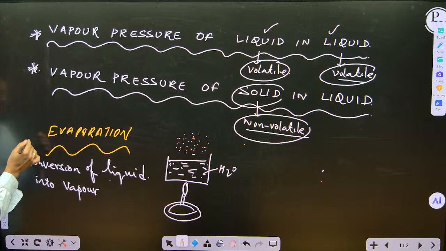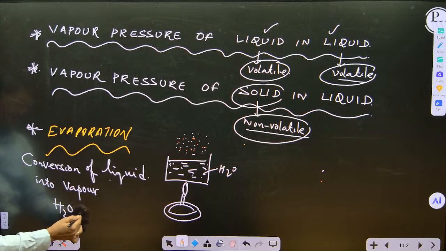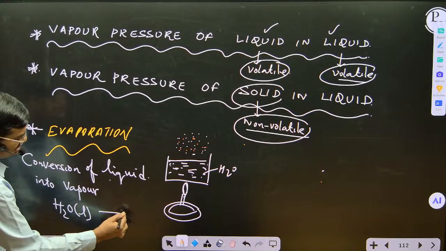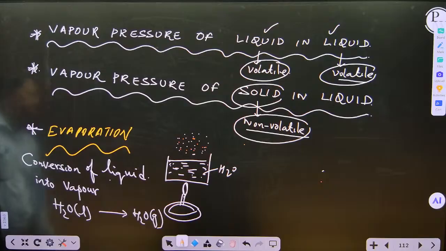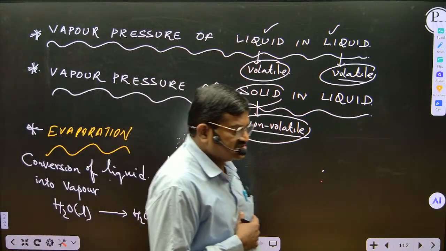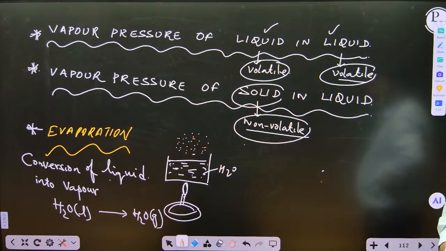That process is called evaporation. Chemically, I show H2O in liquid form converting into the same substance in gaseous form. This is called evaporation. Simple, no? So write that evaporation is conversion of liquid into vapor form.